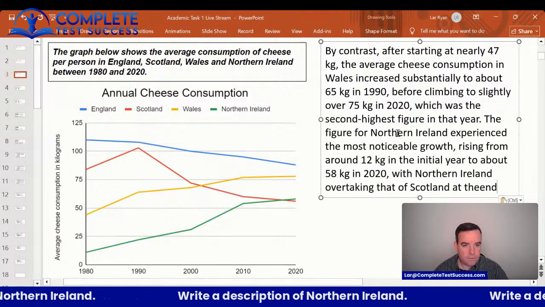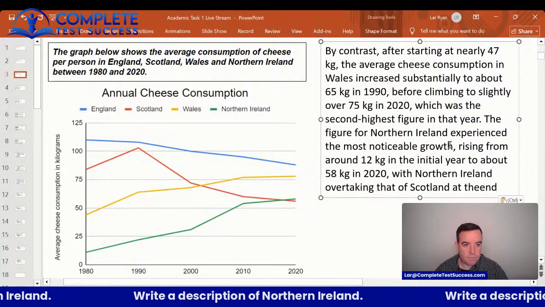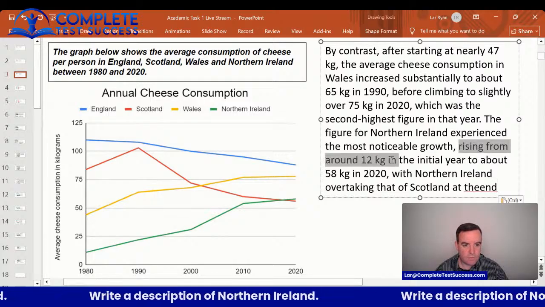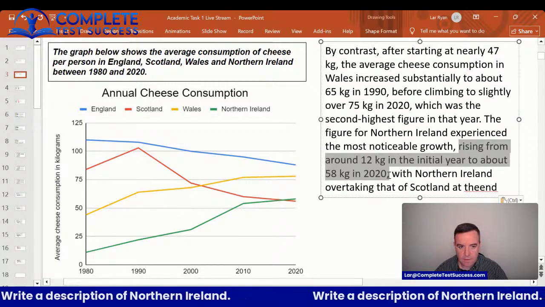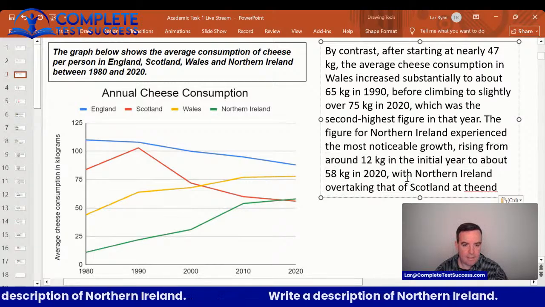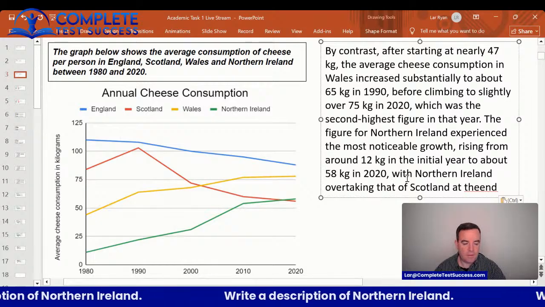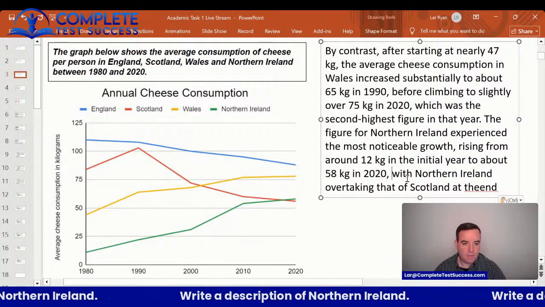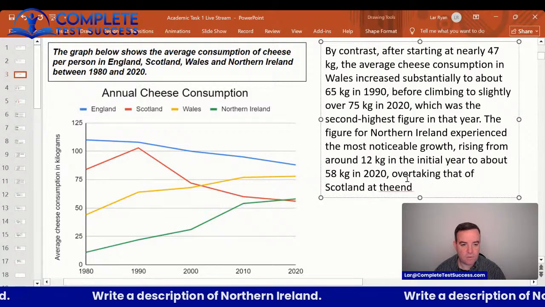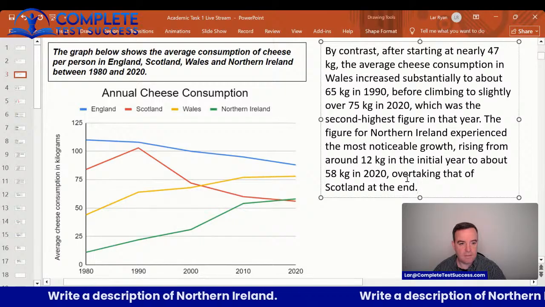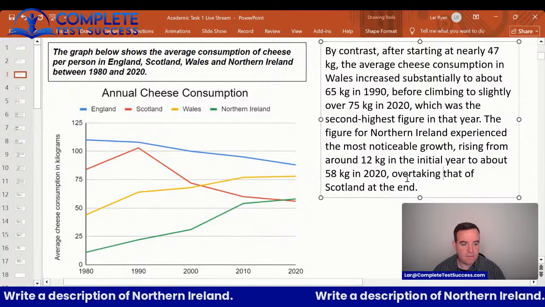Okay, so the figure for Northern Ireland experienced the most noticeable growth, fine, rising from around 12 kg in the initial year to about 58 kg in 2020. Maybe just overtaking, because we're already talking about Northern Ireland, overtaking Scotland.